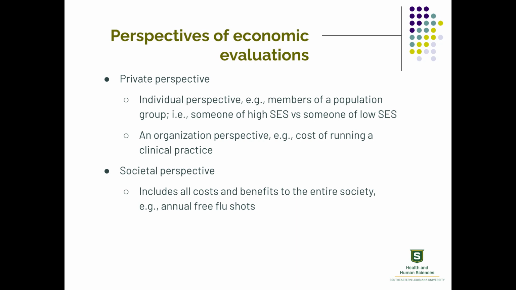An example would be the annual flu shots that are usually covered by Medicare. A cost-benefit analysis was done, evaluating the benefit of Medicare covering the cost of the flu shot versus pushing that cost to individual people to bear. So that's one of the ways of looking at it from a societal perspective.